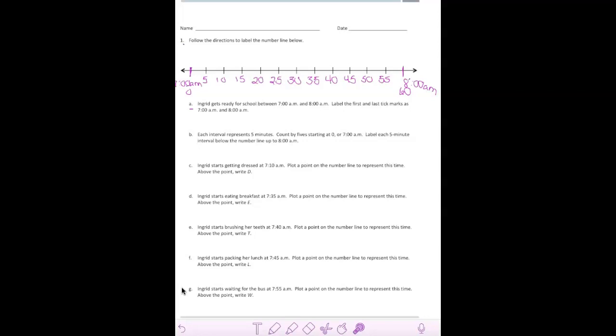Above the point, write D. So she's getting dressed at 7:10 a.m. So we start at 7 and we go 5, 10. So above that point, we're going to put a point at 7:10 and we're going to put D because she starts getting dressed at that time.